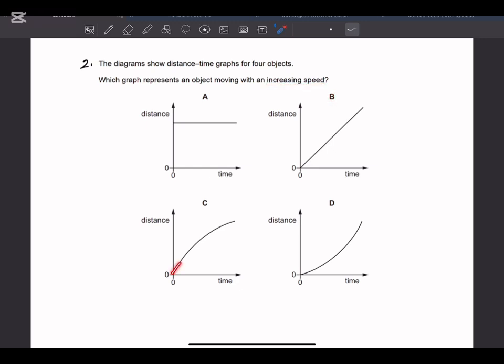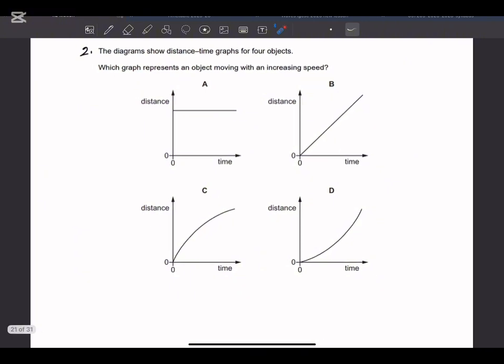Over here the gradient is decreasing or the slope is decreasing. So remember this point that in this case the velocity is decreasing or speed is decreasing, so this will not be the answer. So obviously when 3 are not answers, the fourth will be the answer. This is one logic, but actually the point is that in this case the gradient is increasing with time.